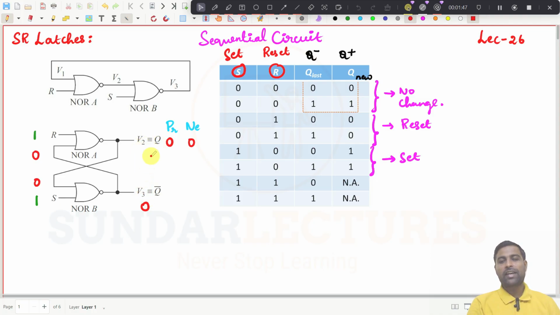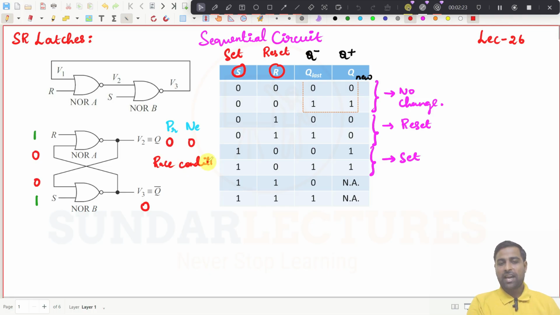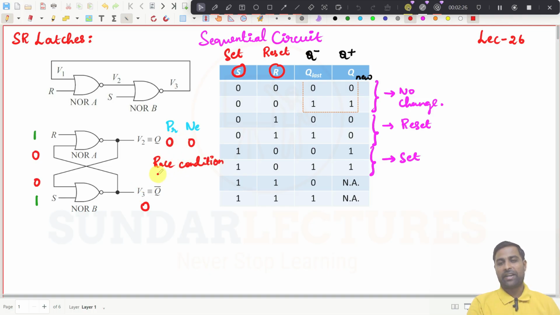Try to understand, this output is Q and this is Q bar. Both outputs cannot be the same, right? Because if this is 0, this should be 1. If this is 1, this should be 0. And what happens now? Both NOR gates will tend to produce the same output, which is not possible in this circuit. Also, whichever NOR gate has less propagation delay will give the output very fast, and there will be a race condition between these two NOR gates, and no output will be determined.